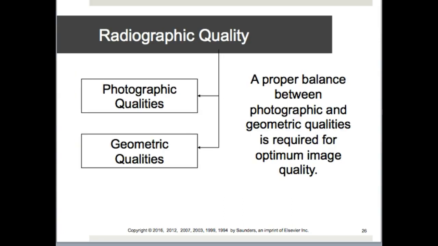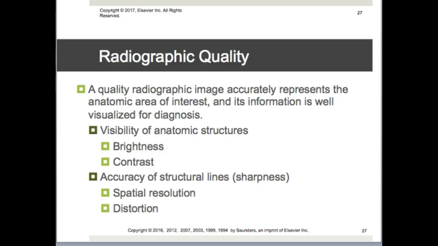All right, so let's jump into image quality. So there's photographic qualities and geometric qualities. So a proper balance between photographic and geometric qualities is required for optimum image quality. Holy smokes, right? So a quality radiographic image accurately represents the anatomical area of interest, and its information is well visualized for diagnosis.